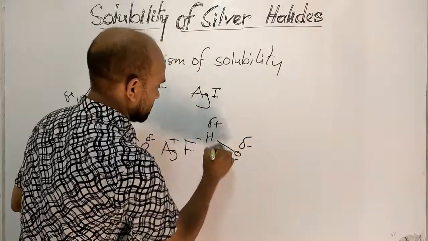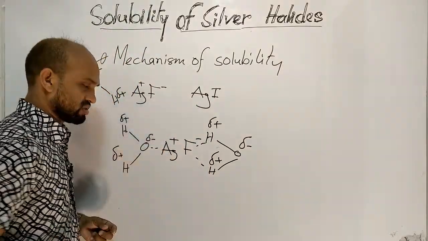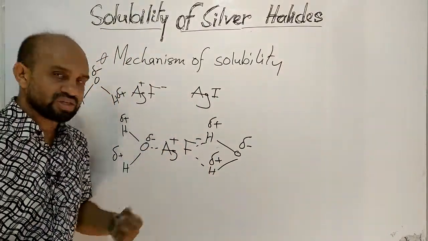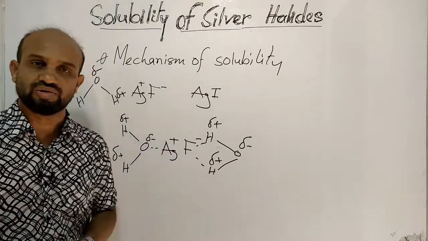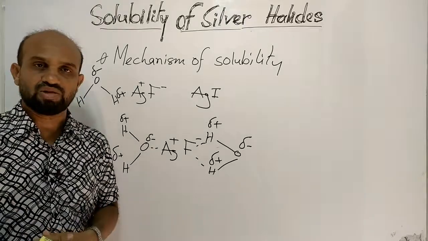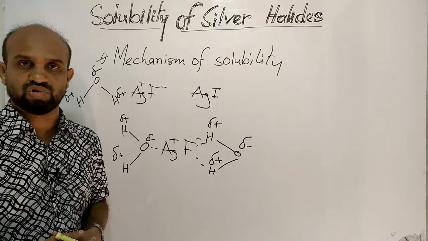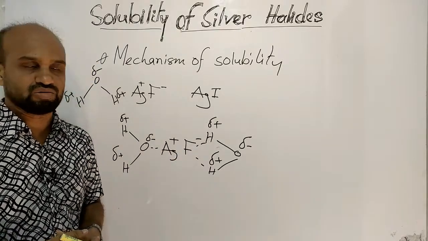This is the attraction. At one stage, the attraction between silver ion and fluoride ion is broken, and silver ion is surrounded by some water molecules, and fluoride ion is surrounded by some water molecules like this.